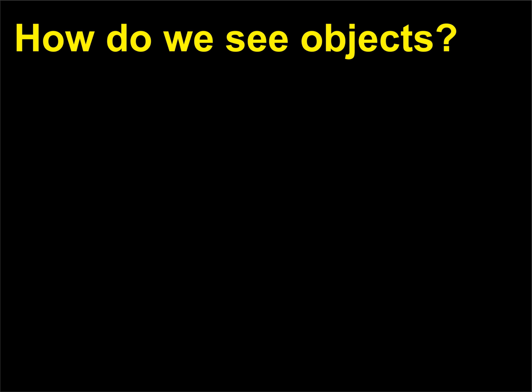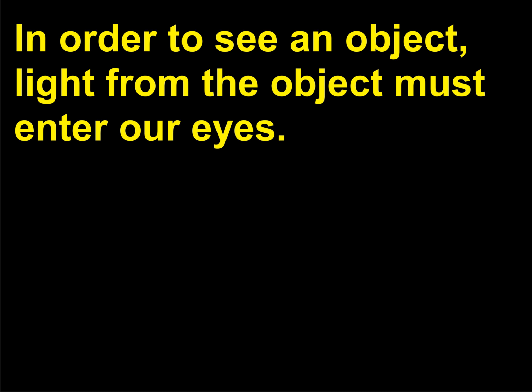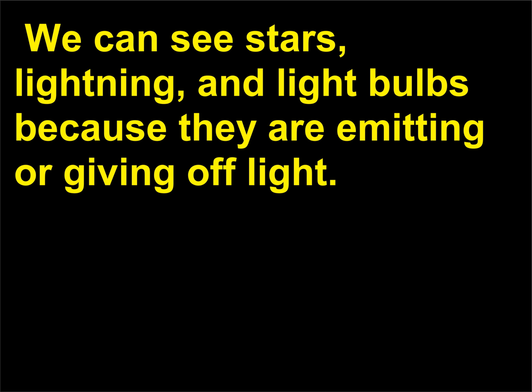How do we see objects? In order to see an object, light from the object must enter our eyes. We can see stars, lightning, and light bulbs because they are emitting or giving off light.